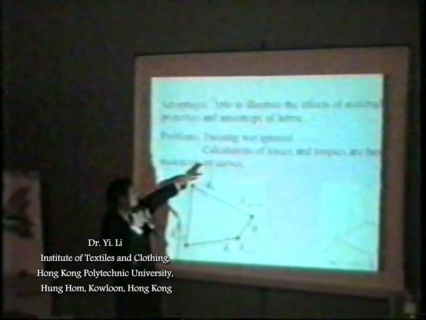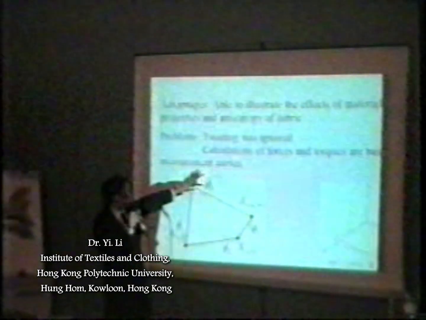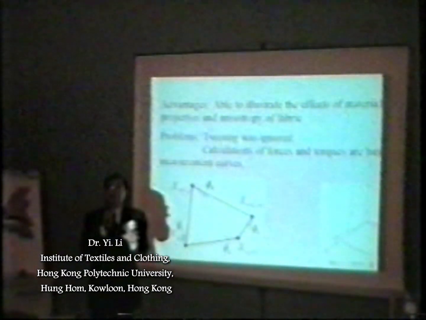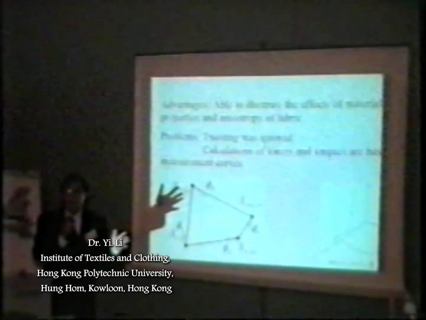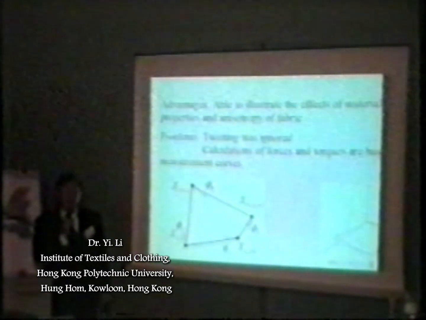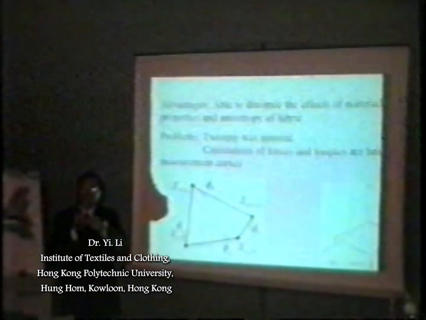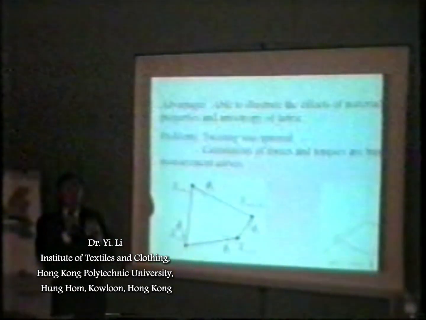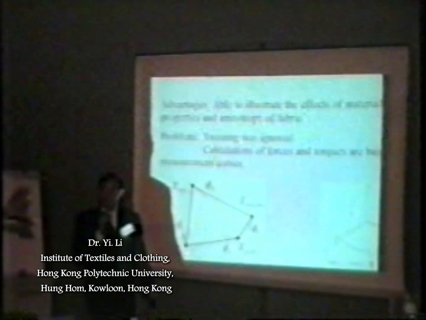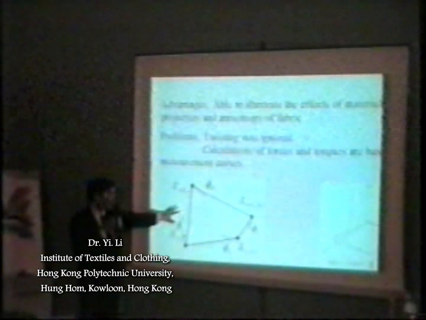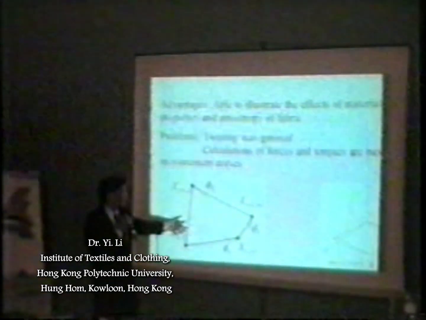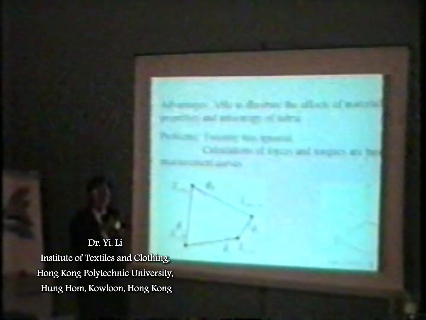Also, the calculations of the forces and torques rely totally on the mechanical measurements from the Kawabata system, which only work for small deformation situations. Therefore, more work needs to be carried out to modify the model.